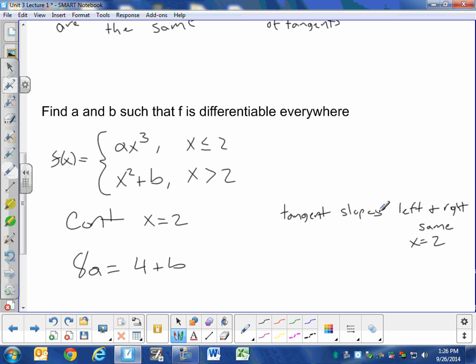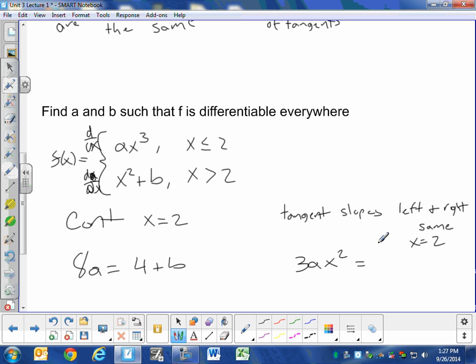Now the tangent slopes from the left and the right of 2 have to be the same. I will take the derivative of both of these, d/dx, giving me 3a x squared. Take the 3 down, multiply it by a times x squared. And then the bottom one, the derivative of x squared plus b, is just 2x plus 0.